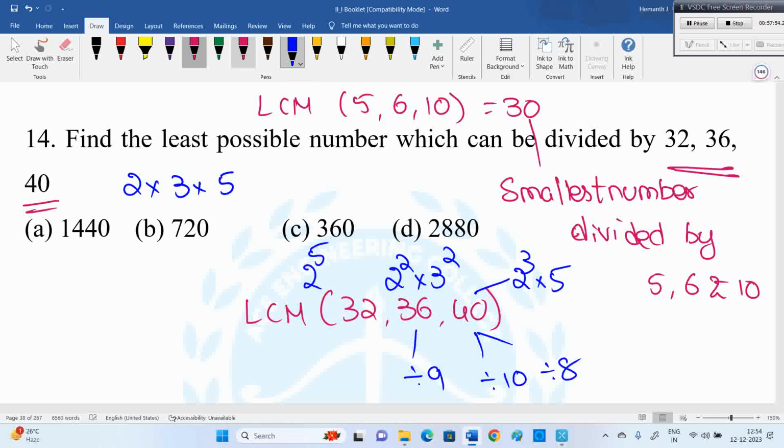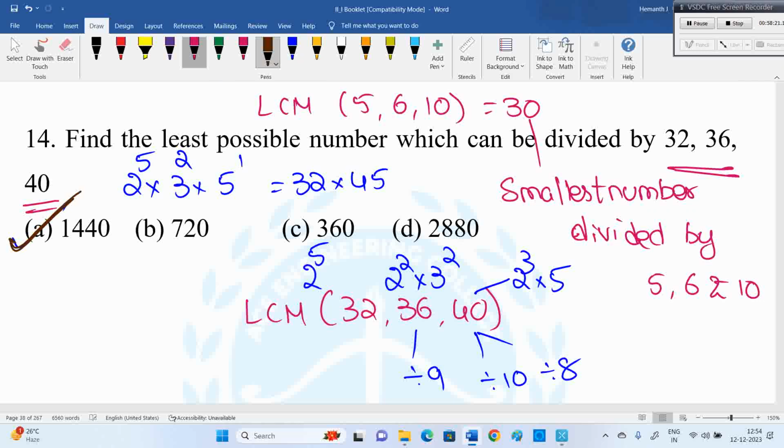Highest power of 3? 3 square is 9. Highest power of 5? 5. So 9 into 5 is 45. We need 32 into 45: 30 into 45 is 1350, plus 90, we get 1440. The answer is 1440.